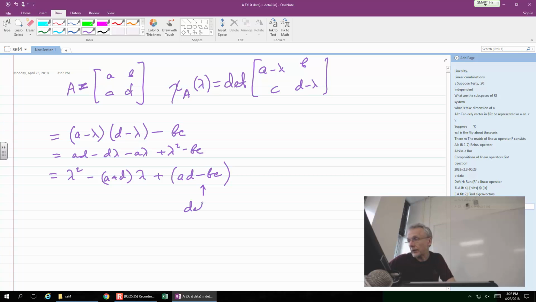It is the determinant. And this one is also not unfamiliar: A plus D, two diagonal elements added together. Remember the name for it? It's called the trace.